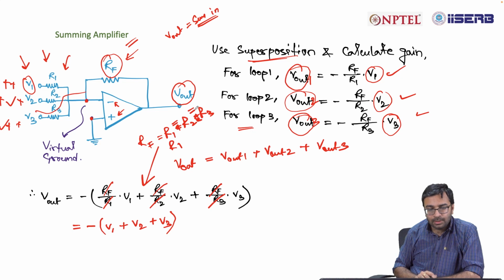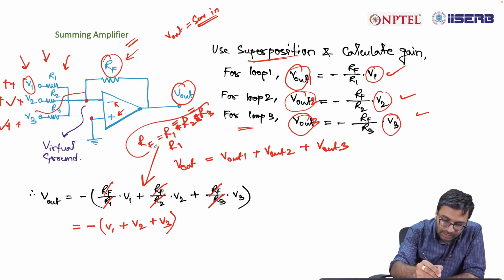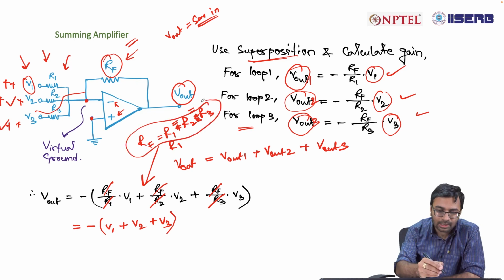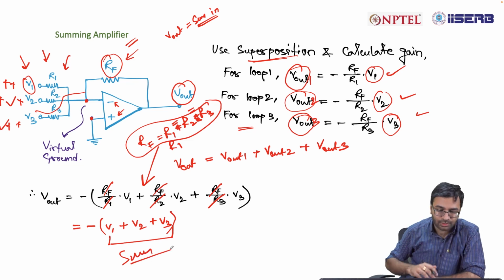Okay. So if your RF is equal to R1 is equal to R2 is equal to R3, if all 3 or 4 resistors are equal, then this will cancel out, and then your output will be V out is equal to minus V1 plus V2 plus V3, which is the summation of all inputs.